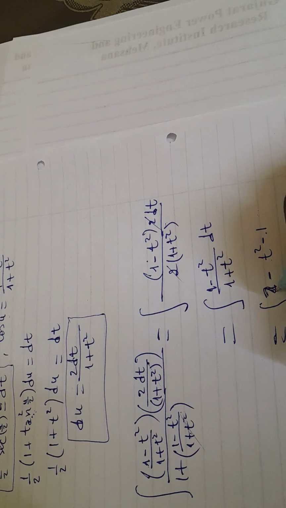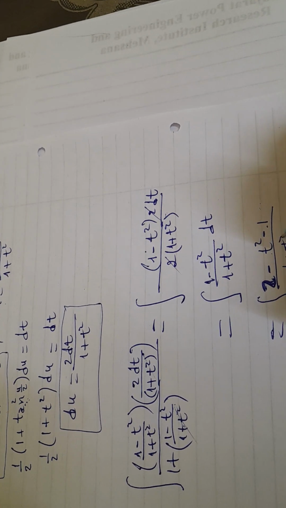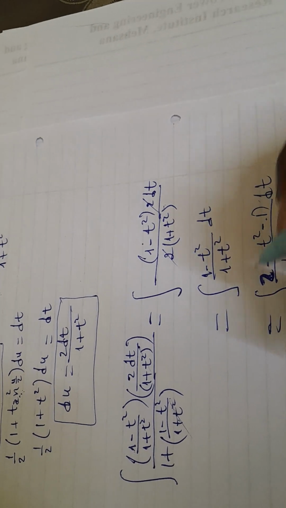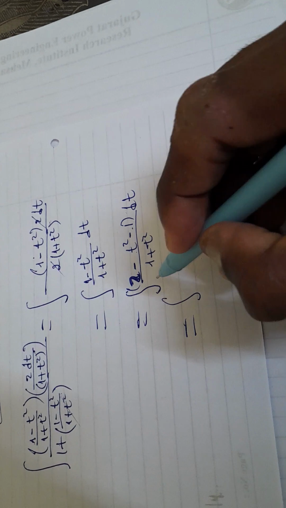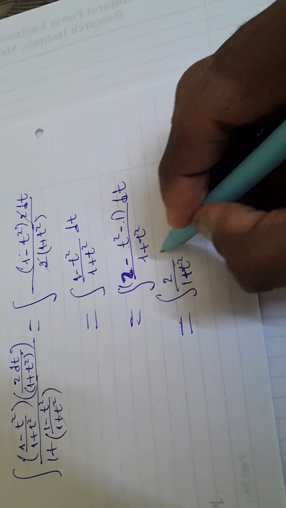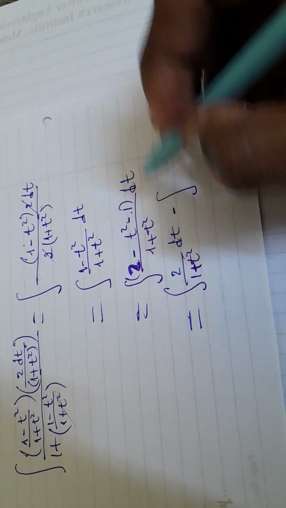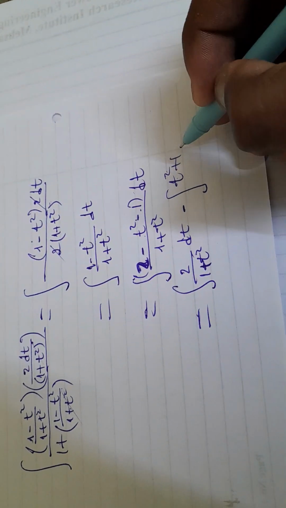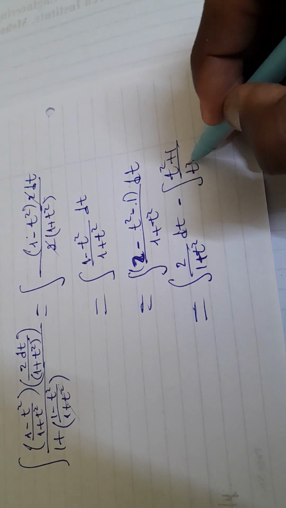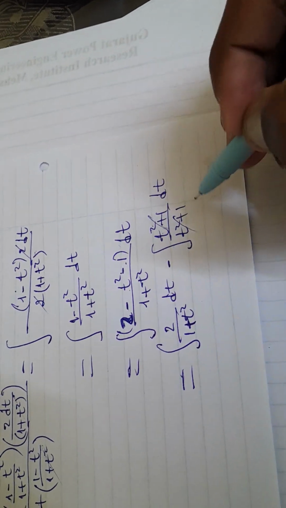Then this plus 1 here will be 2 upon 1 plus t square dt. Now what you are going to have is the integration of 2 over (1 plus t square) dt minus this, and this will be (t square plus 1) over (t square plus 1) dt.